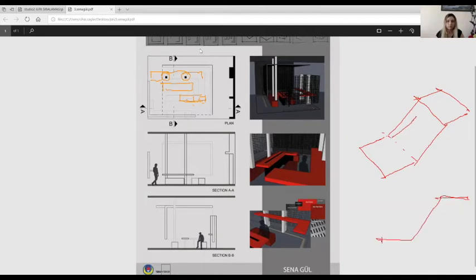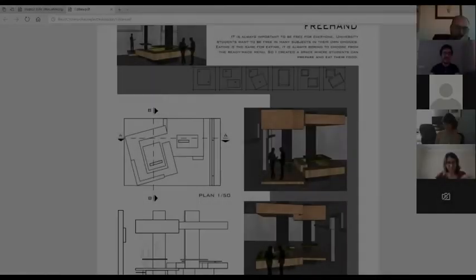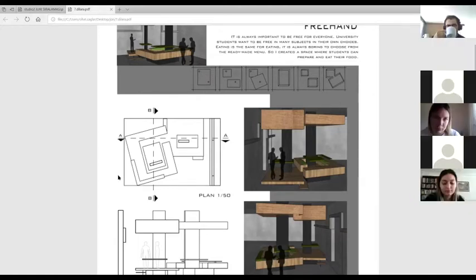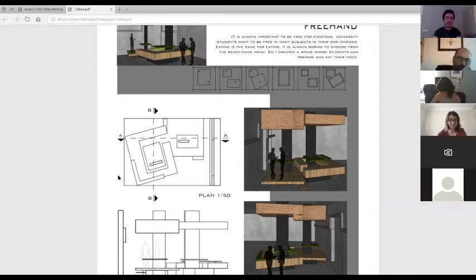What are the differences of the two elements? Hi, I am Dilara. I prepared eating and drinking areas. Our target audience is university students, and I know from myself that students have a desire to be free. And I thought about how we could be free to eat and drink.